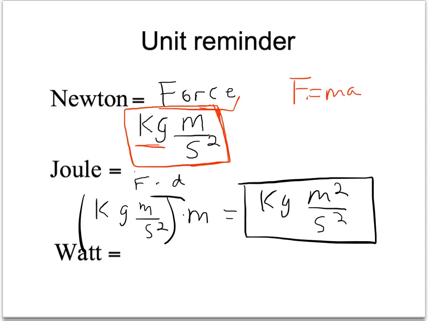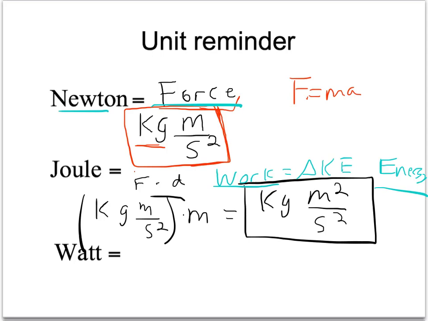Because a joule is a force times a distance, and a joule is either work, which is just change in kinetic energy, or a joule is also energy. So if you see a joule on something, you'll know it either goes in as work or some type of energy. Just like if you see a Newton on something, you know it goes in as a force.